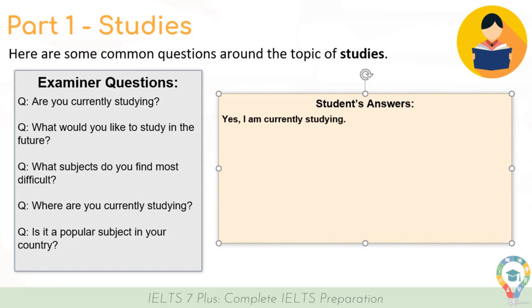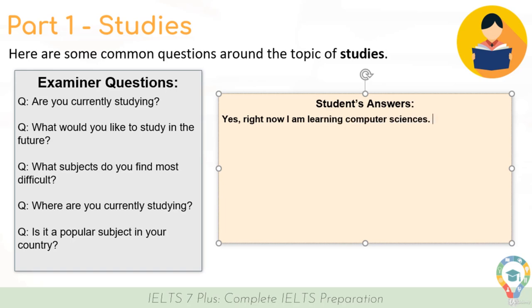You don't want to copy exactly what the examiner is saying. You need to paraphrase and change their language using synonyms. So you could say, yes, right now, instead of currently, I am learning computer sciences.